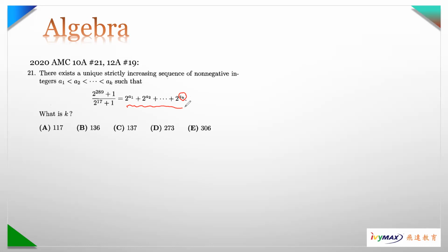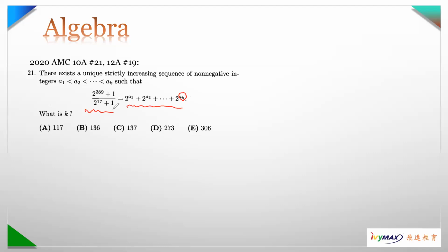Then if you take a look at the first big one, we have 2 to the power 289. What's the relation of 289 and 17? As a starter for each fraction, we should observe any relation among the numbers. Obviously 289 is the square of 17.